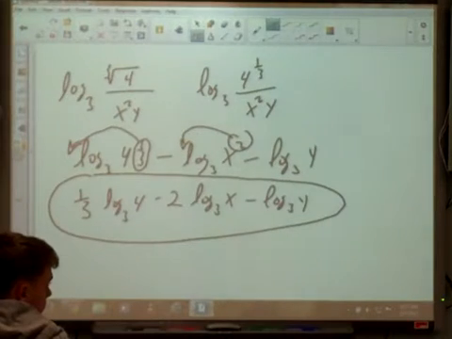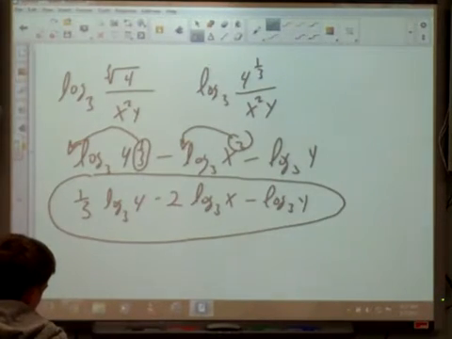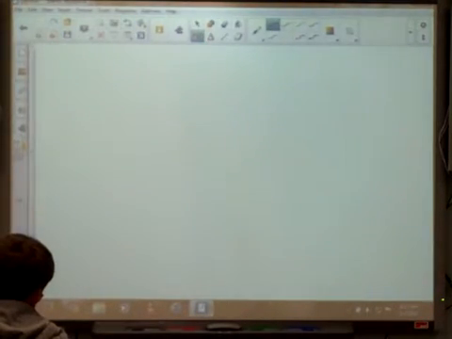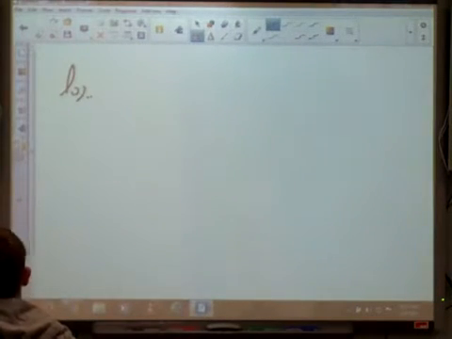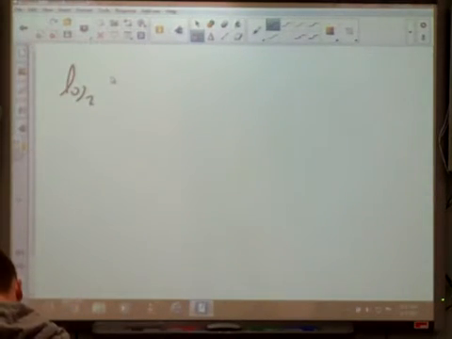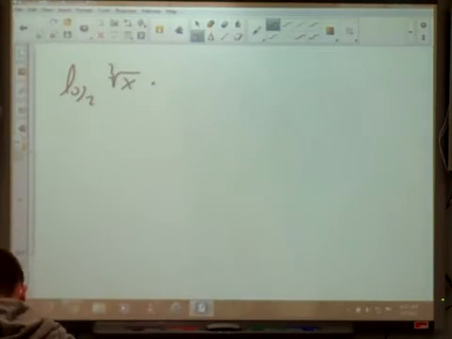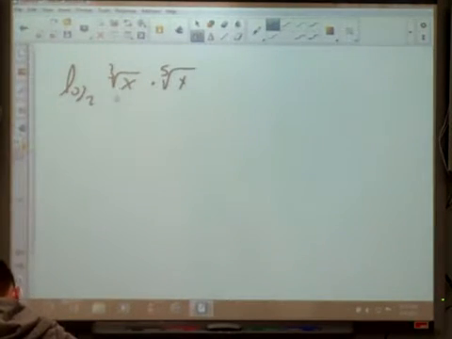Let's try another. I got the log base 2 of the cube root of x times the 5th root of y all over r squared.